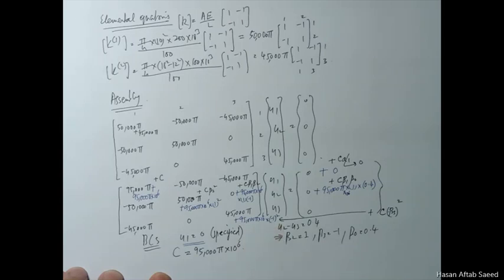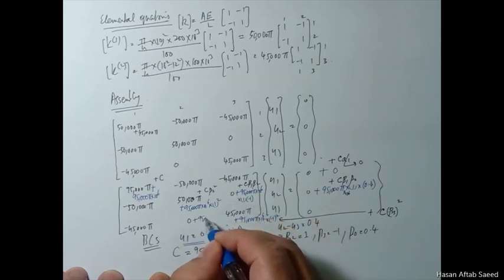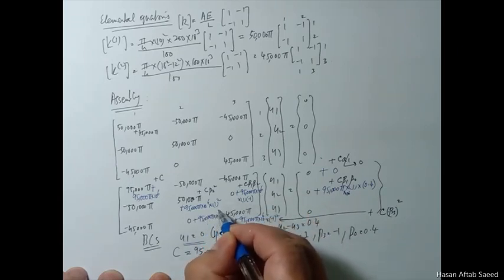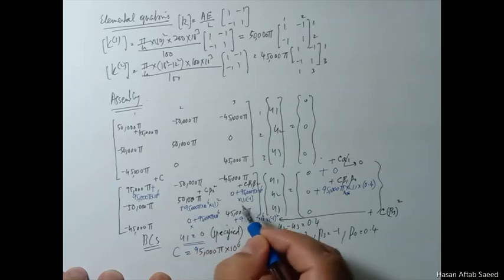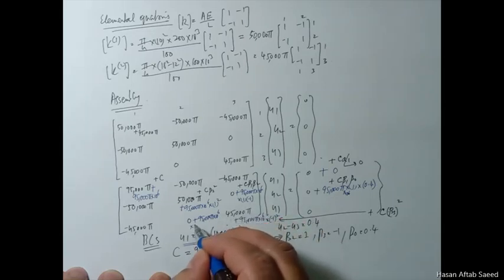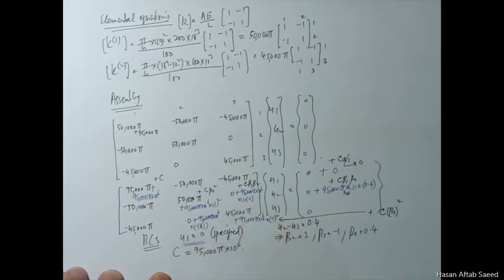And on the off diagonal term you add just like this 95,000 pi into 10 raised to the power 6 into, this time you have again minus 1 into 1, and this is plus c beta 2 beta 3, to be more precise.